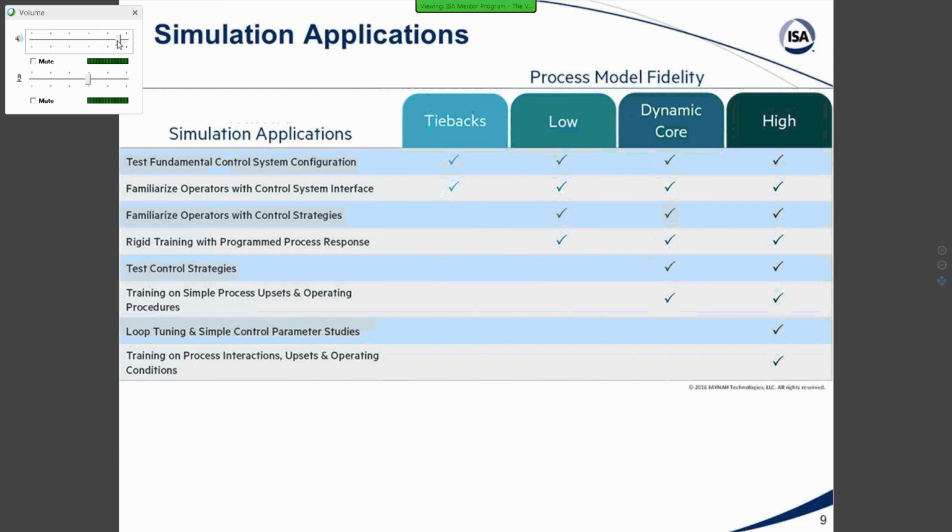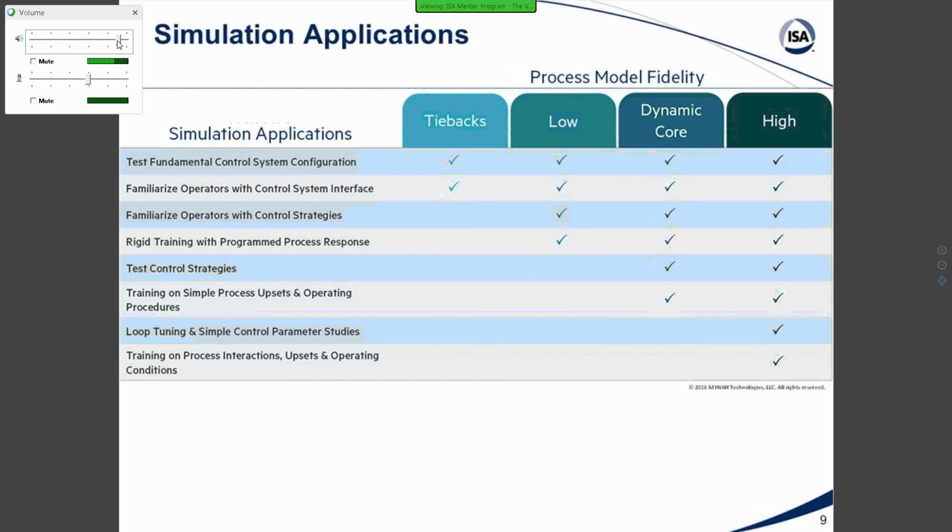The other thing before we get to that is we're going to look at how these systems can be applied. So for example, in this case here, tiebacks are really only able to satisfy two different things. One, you can test the fundamental control system configuration, meaning is your I/O lined up properly? Are your control variables controlling the right variables?